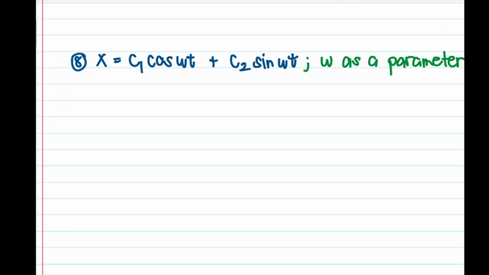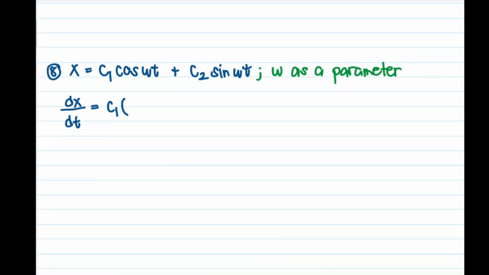So let us have the derivative for this equation. So dx all over dt is equivalent to the derivative of this one is C1 since constant C1 multiplied to, let's recall the derivative for cosine: the derivative of cosine u is negative sine u du.